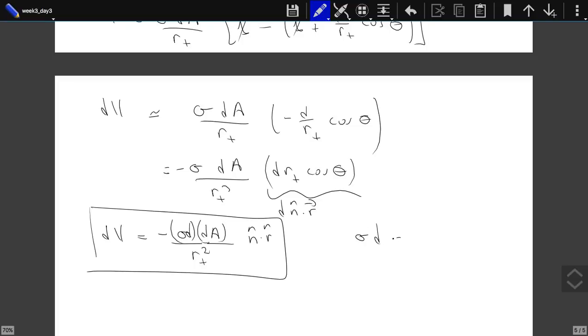Well, sigma times D, we fix it to be D. So dV is equal to minus D times dA over R plus squared. Of course, we need to sum this over all possible dAs. And the next thing left is just dA over r squared, which turns out to be the solid angle.